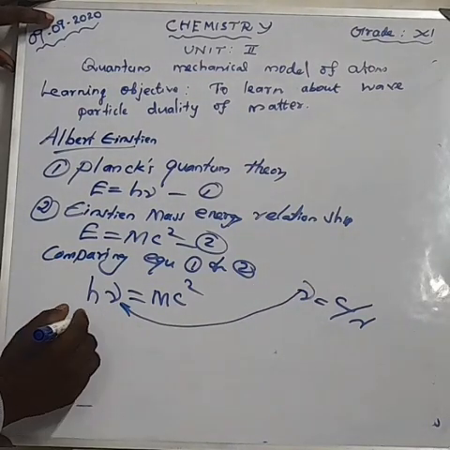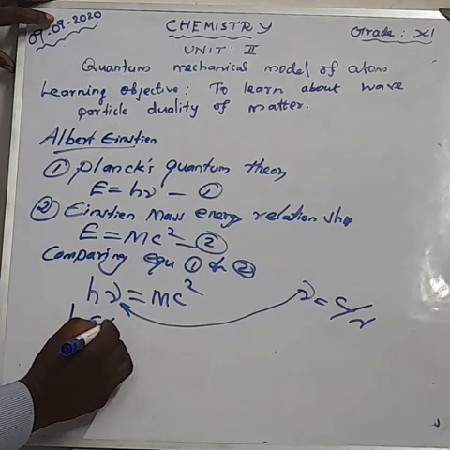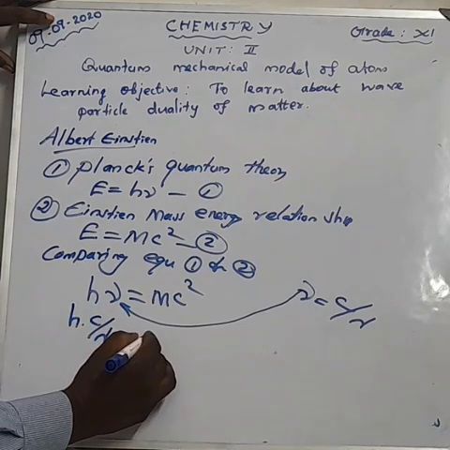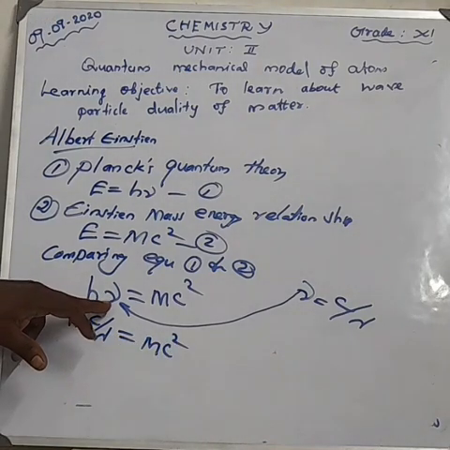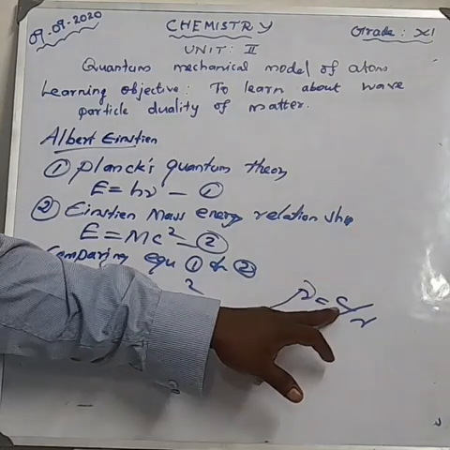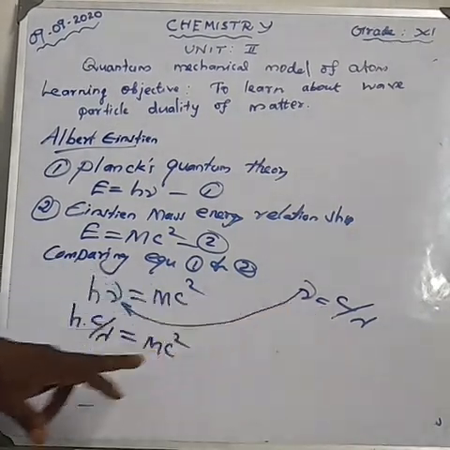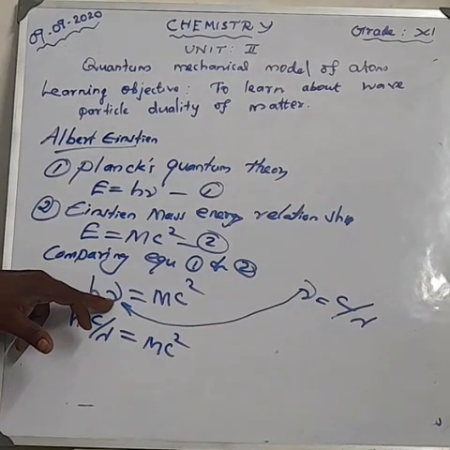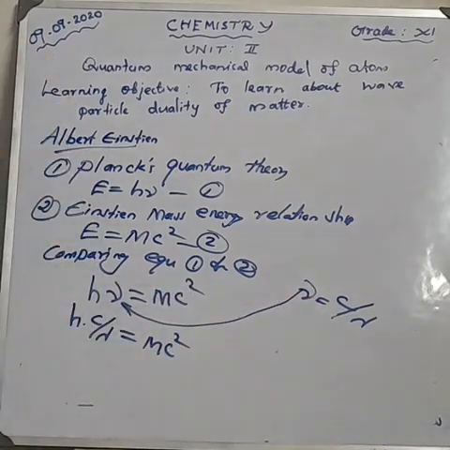What will you get? h into c by lambda is equal to mc square. Can you write? The value of nu is c by lambda. So h into nu, that is c by lambda, is equal to mc square.